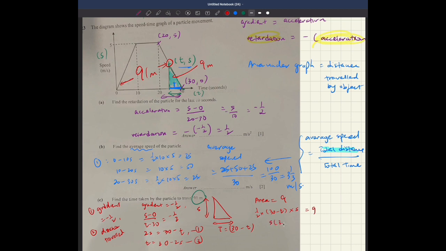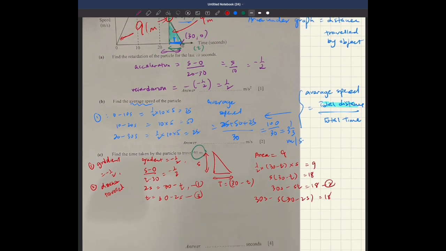So S times 30 minus T gives me 18, then 30S minus ST equals 18. So they call this 2. Then we can put 3 into 2, and then we will get this equation 30S minus S times 30 minus 2S equals 18. Like this.